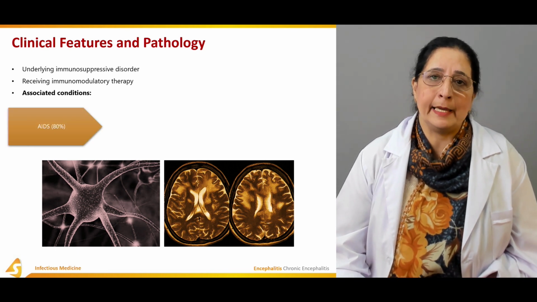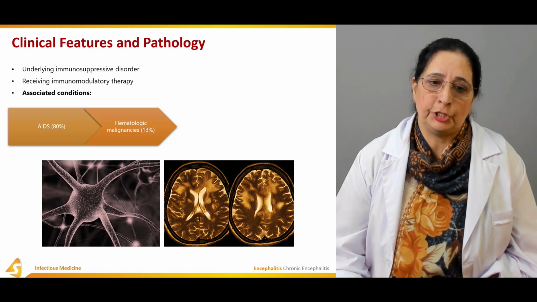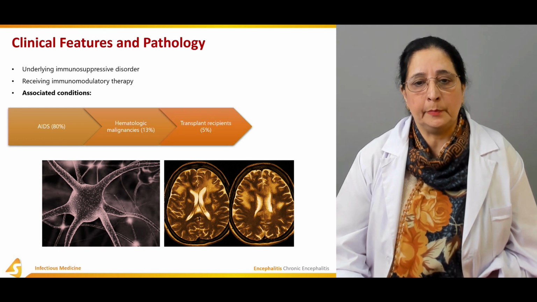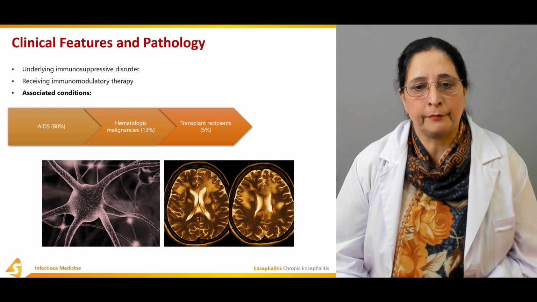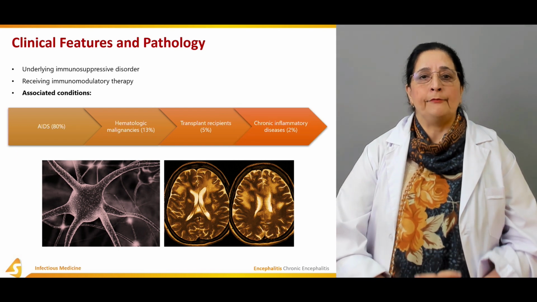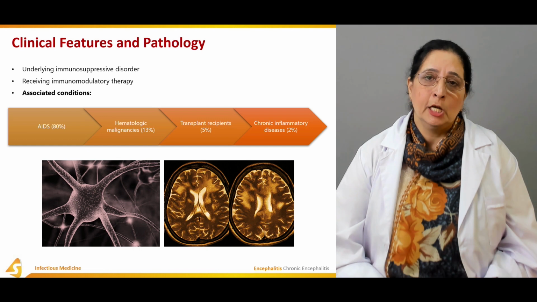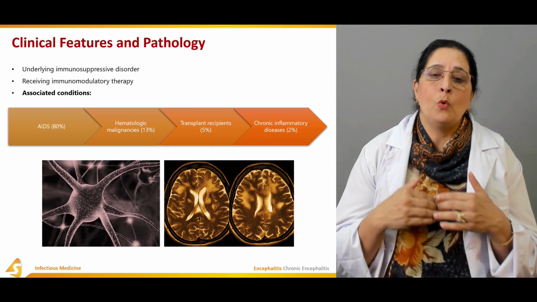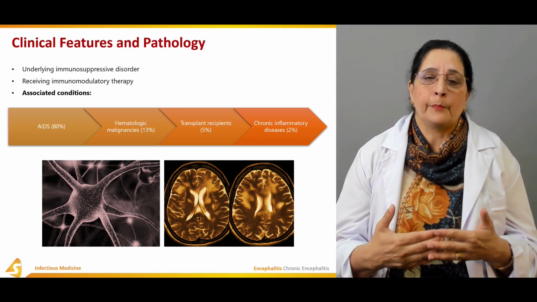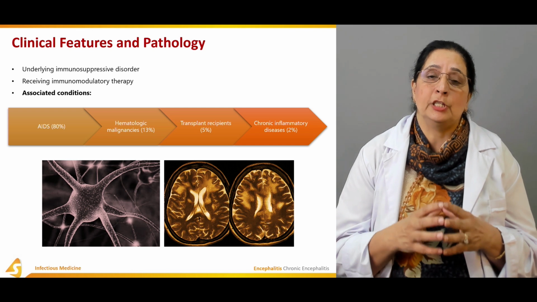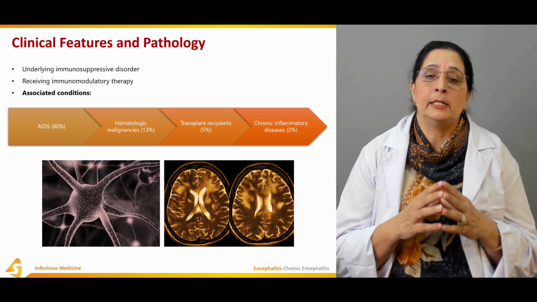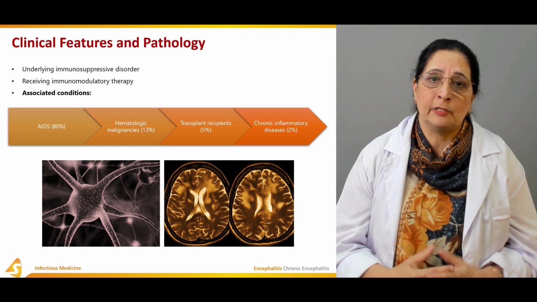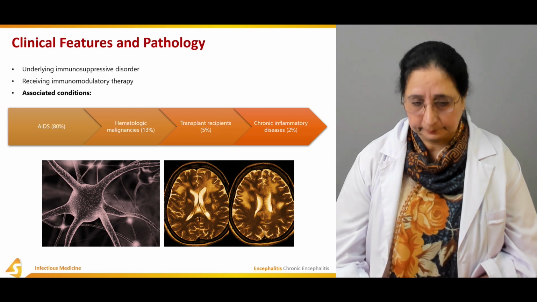Associated conditions: AIDS in 80% of patients, hematological malignancies in 13%, transplant recipients 5%, and chronic inflammatory diseases in 2%. So 80% of patients with this chronic condition have AIDS, in which the immune system is really very compromised.